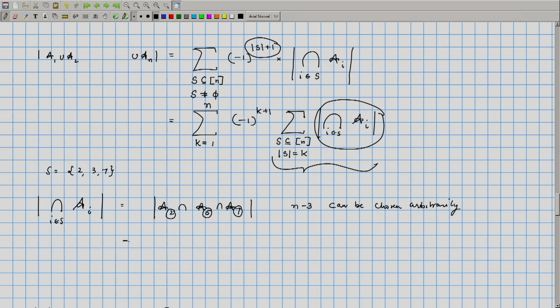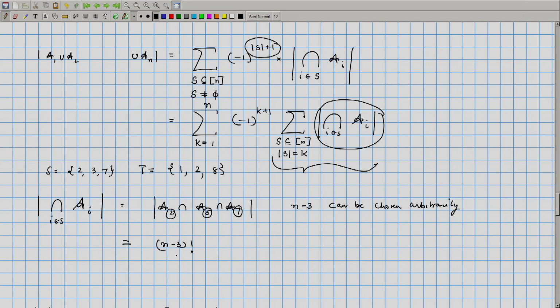So this size would be n minus 3 factorial, and this depends only on the size of the set. It does not depend on which elements contribute to that particular set. For example, if we had taken another set T equal to, say, 1, 2 and 8, that would also have given the exact same count.